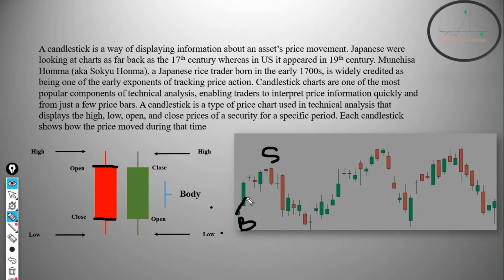Here the price moved up and then it went down, then again it went up, then again it went down, then again it went up and down. So if we know which candles give us a signal for a sell, then it will be easier for us to place the sell call.